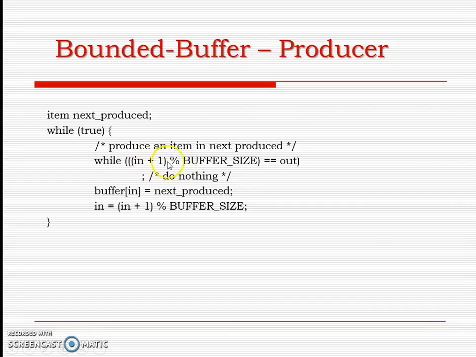Here, (0 + 1) modulo 10 is 1, which is not equal to out, so we go ahead. The next produced item will be stored in buffer 1. Next, (1 + 1) is 2, 2 modulo 10, the remainder is 2, and it will be stored there. The while loop will repeat like this until it reaches 10. If in plus one equals out, then the buffer is full. At that time the producer will stop producing items.